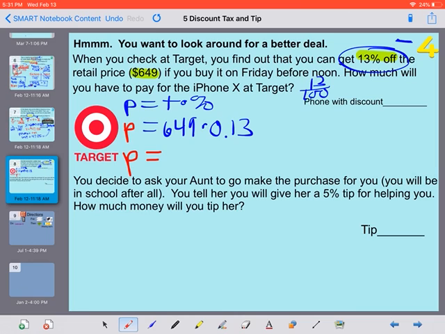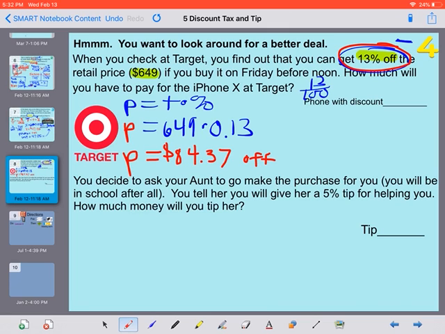So 649 times 0.13 is $84.37. So that is the part that we're getting off of the total, remember?